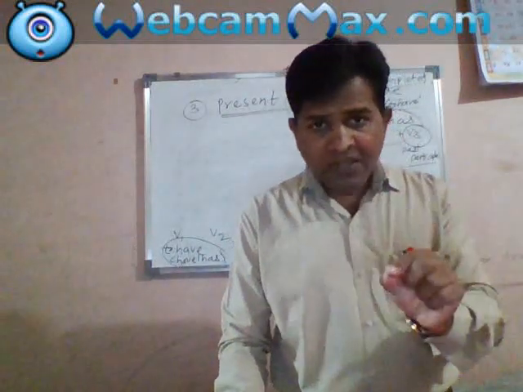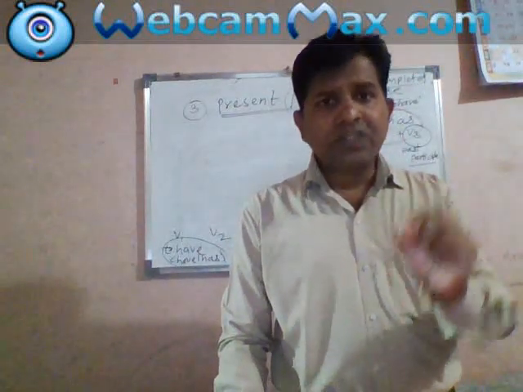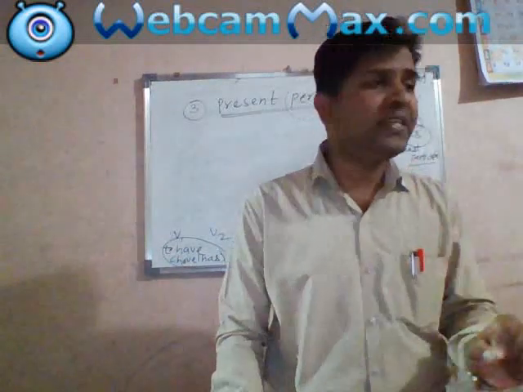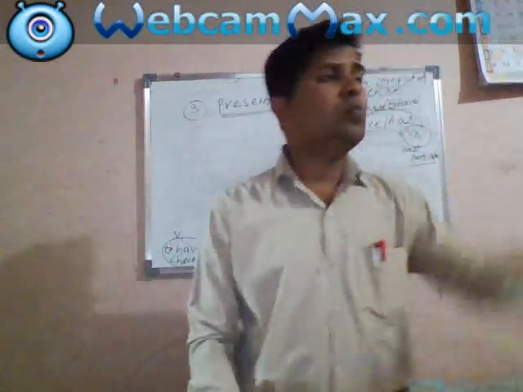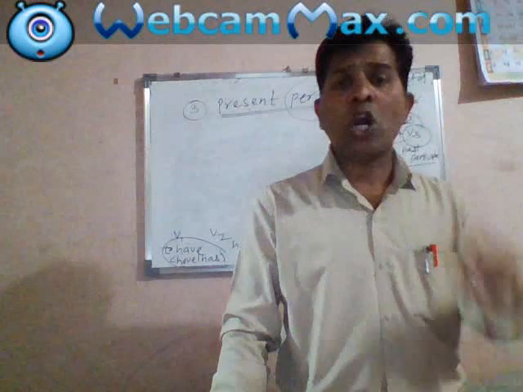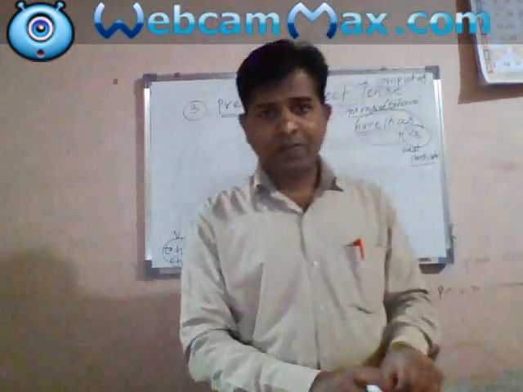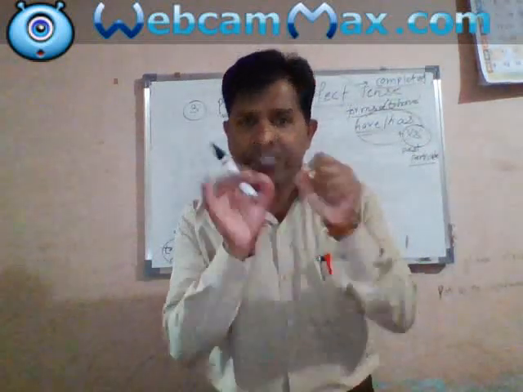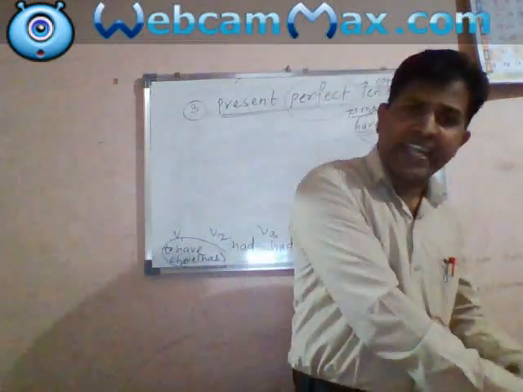For example, when the action has completed just a moment before. In other words, the action got completed in the past, but still we experience the consequence of that past action in the present.